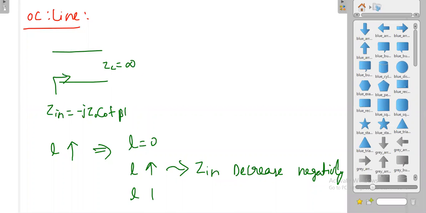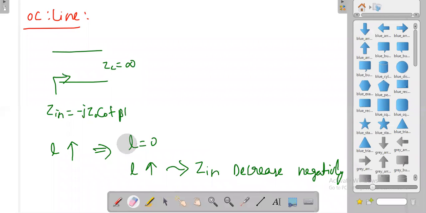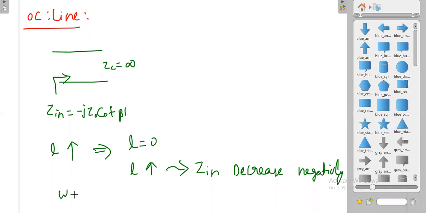This is a little bit confusing, but it's okay. When you move from source to load, Zin increases negatively.